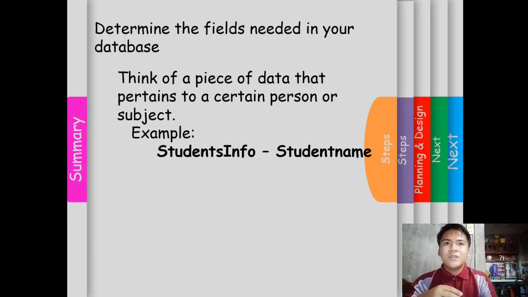Our first objective is that we are going to store and display personal information of the student. So, yung name ba ay personal information ng student? Of course, yes. So, we are going to put their student name.